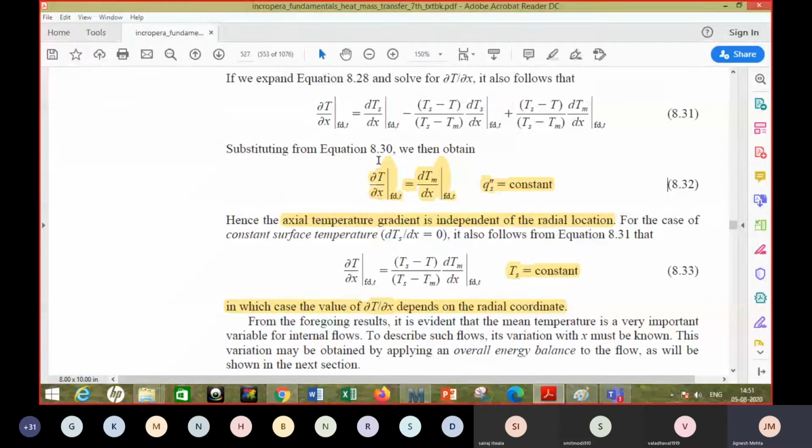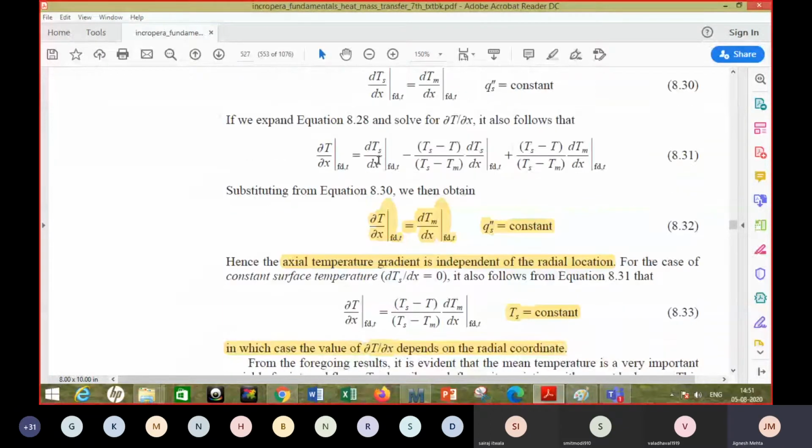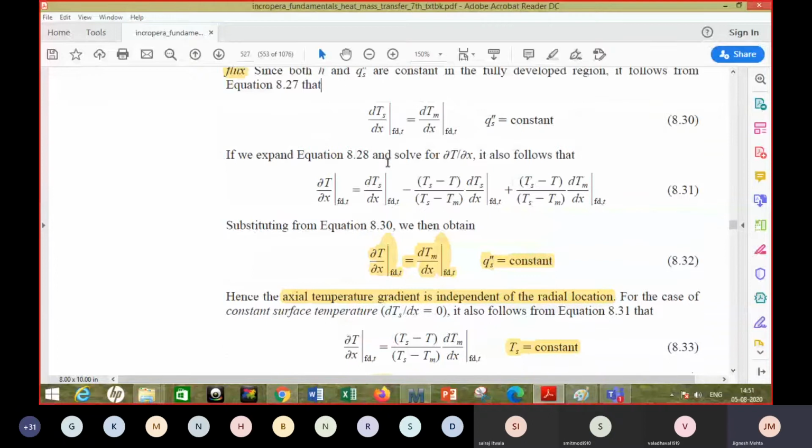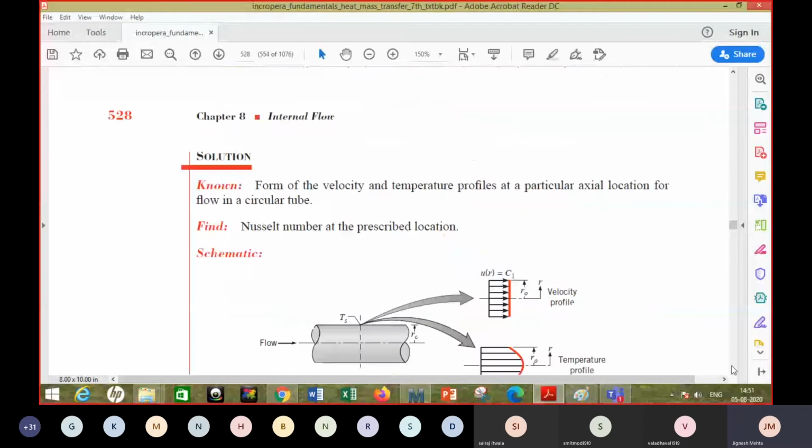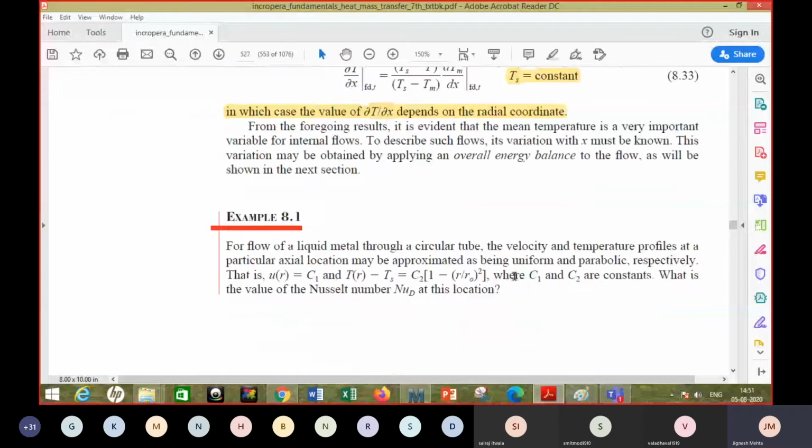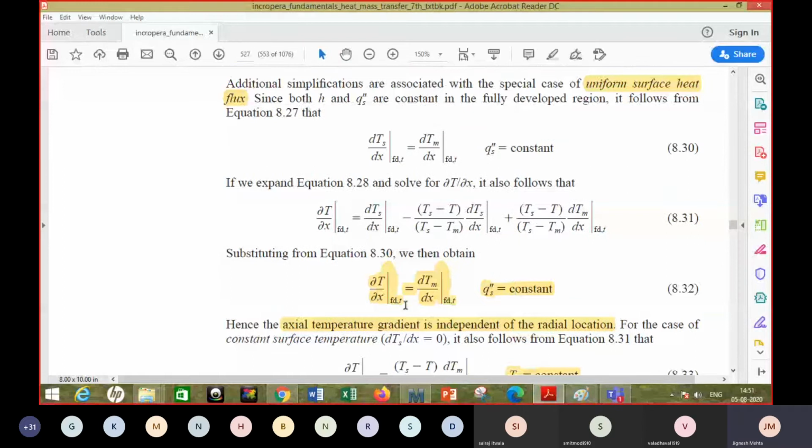Okay, and when you substitute 8.30 in that, you are able to write it in this form. So dT by dx for thermally fully developed flow is equal to dTm by dx, right? Because this Tm is not a function of r, so you can write total derivative rather than partial derivative.